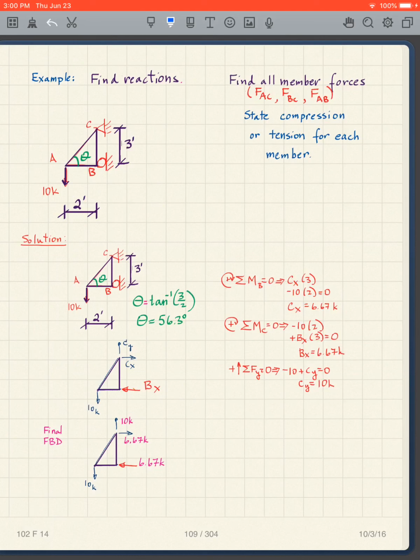Take moments about C. So all I'm going to have is a BX and a 10. So it's going to be BX times this distance, which is 3. So BX times 3. And then we have 10 times this distance, so it's going to be 10 times 2.